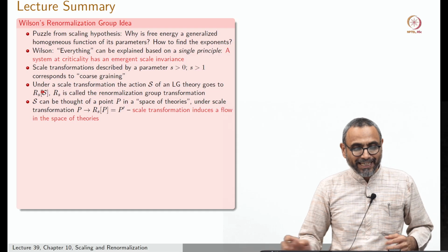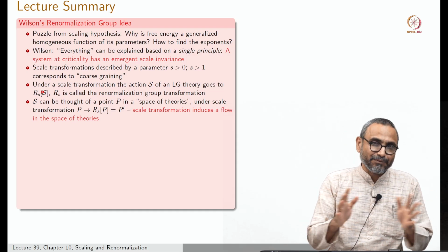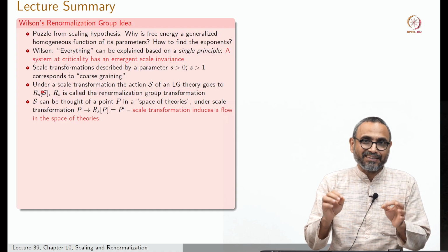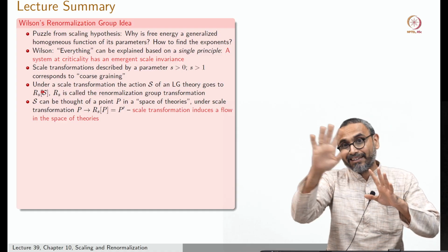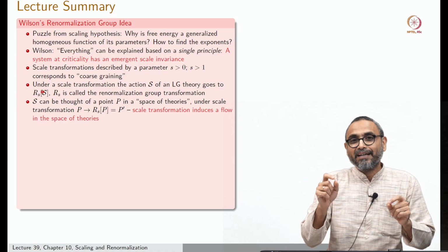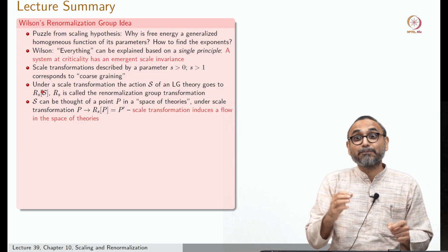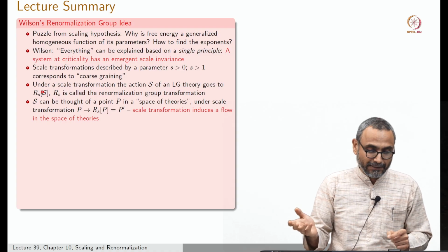And we also said that, at least within the Ginzburg-Landau framework, we can think of each action as a point in a space of theories, where that point is described by the coefficients of the operators in the Ginzburg-Landau Lagrangian density.